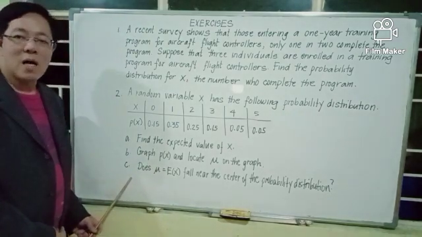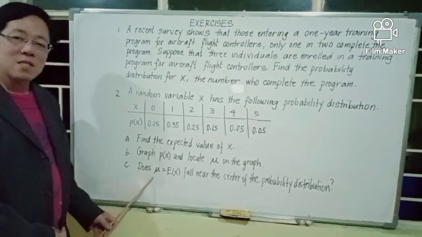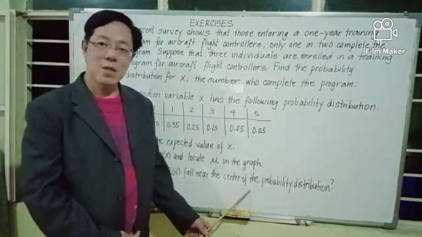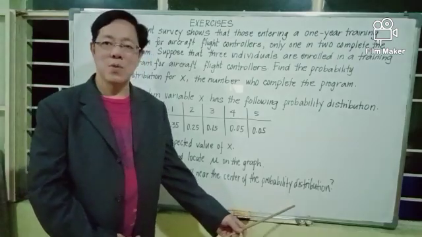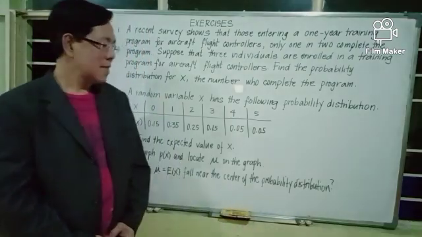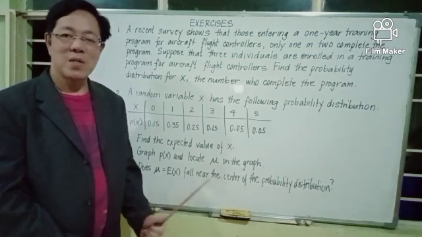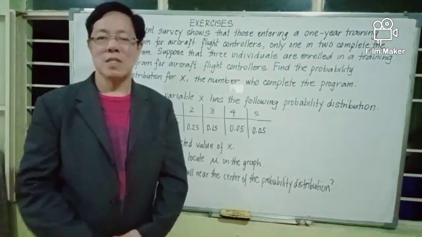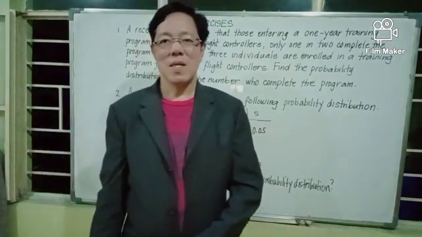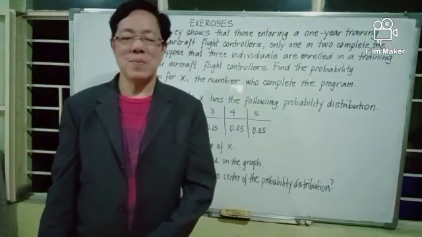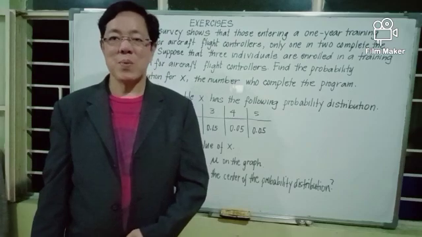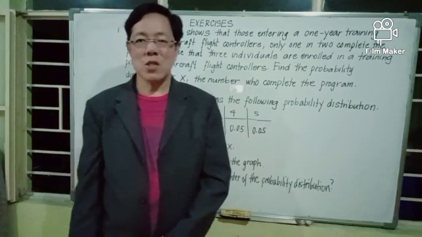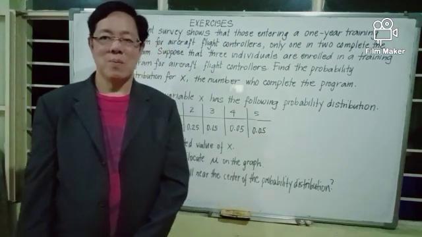And letter C, you answer this question: does mu, the expected value of x, fall near the center of the probability distribution? And this number 2 problem is a problem on mathematical expectation for discrete random variable. In the next lesson, we will solve problems for the applications of mathematical expectation for discrete random variable.